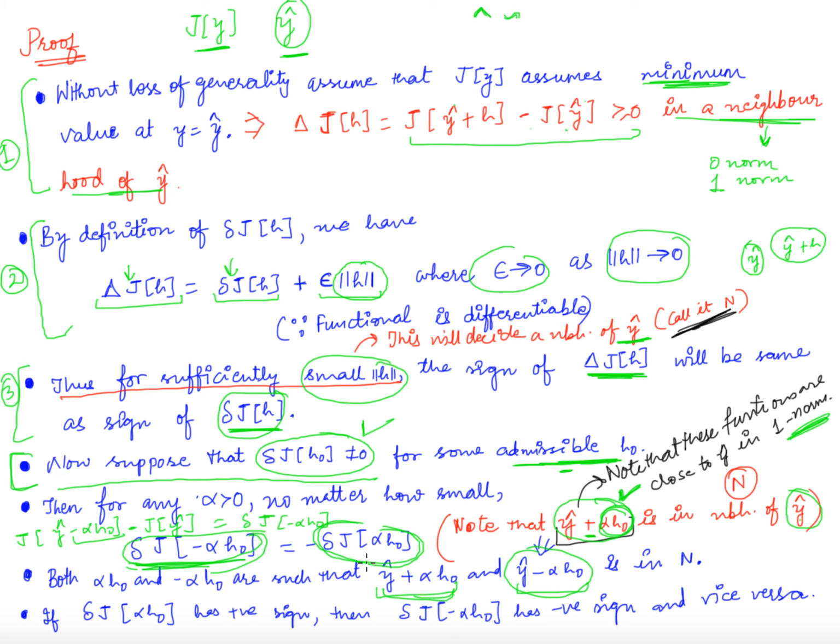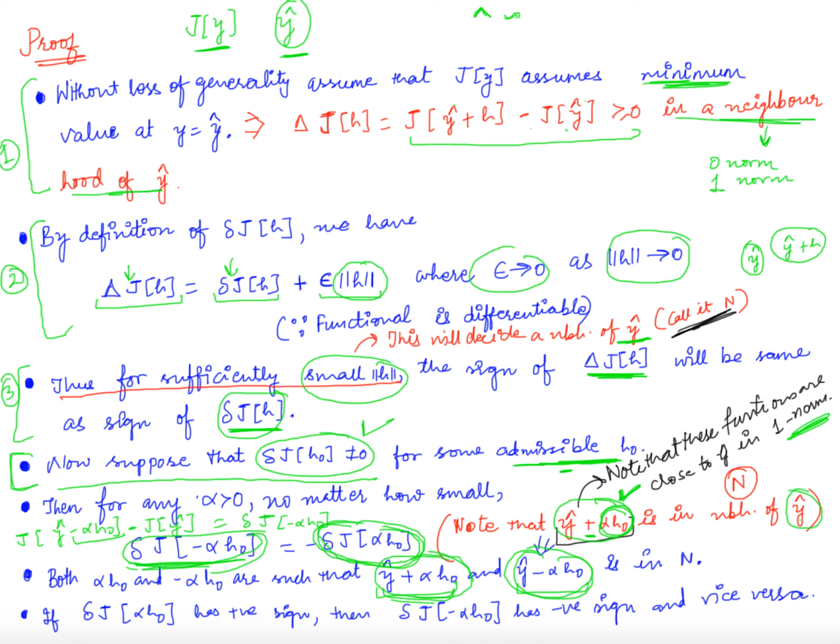If the variation delta J at alpha h naught is positive, then this one is negative because of the negative sign, and if this is negative, then this is positive. So we have two functions, both in the neighborhood of y hat, and the variation computed at one of them is positive and at the other is negative.